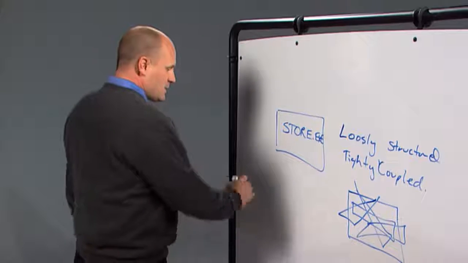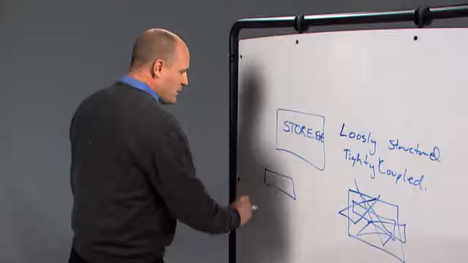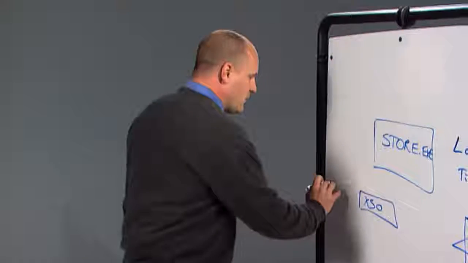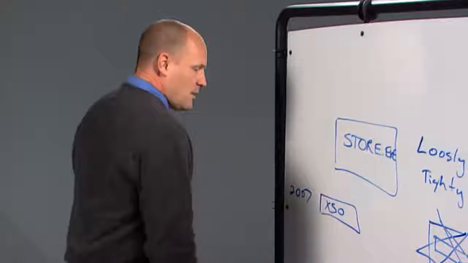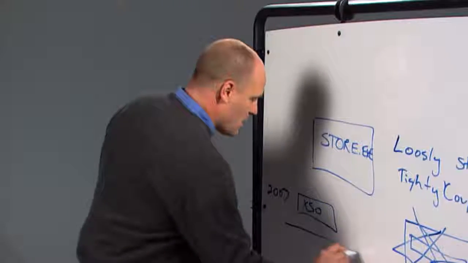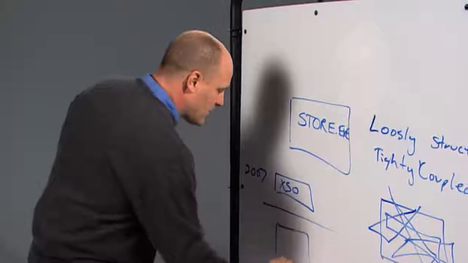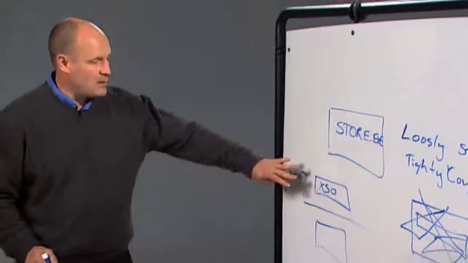So in the first release, what we did was we built out a clean storage object layer. This was Exchange 2007. That could sit at a clean interface, and one of the tests of the clean interface was that it could sit on a different machine.